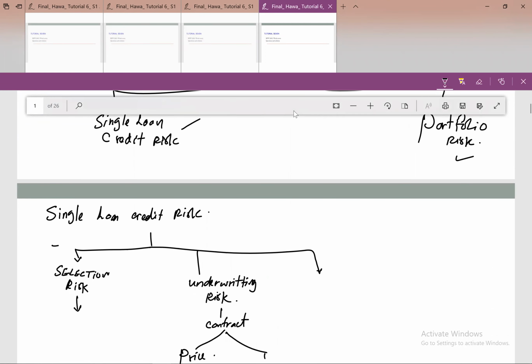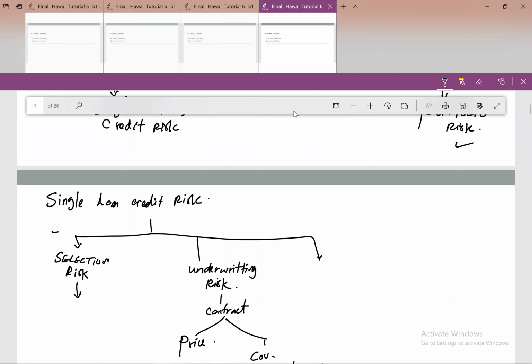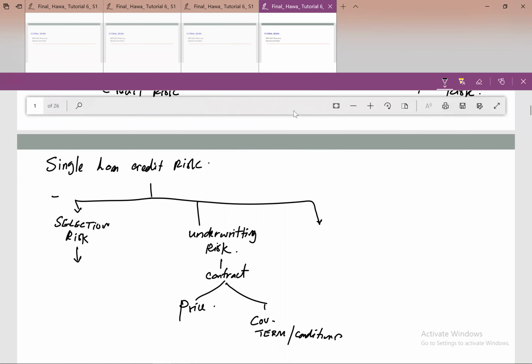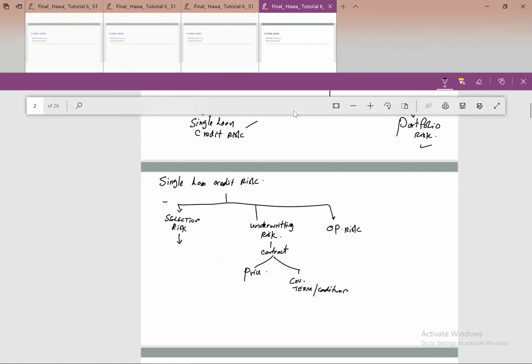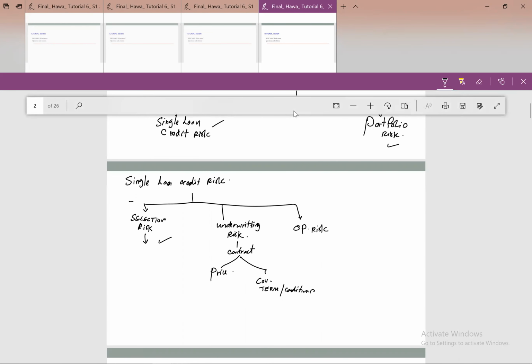When we talk about single loan credit risk, we are talking about three issues actually: the selection risk, the underwriting risk, and the operational risk. Before we give the loan, we have to select the right borrower.